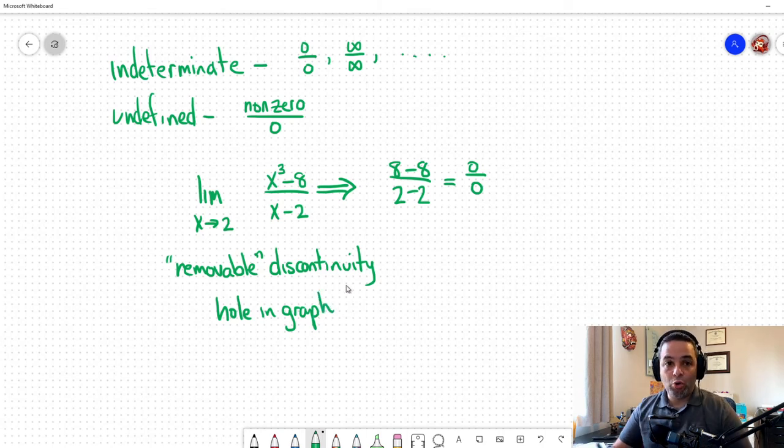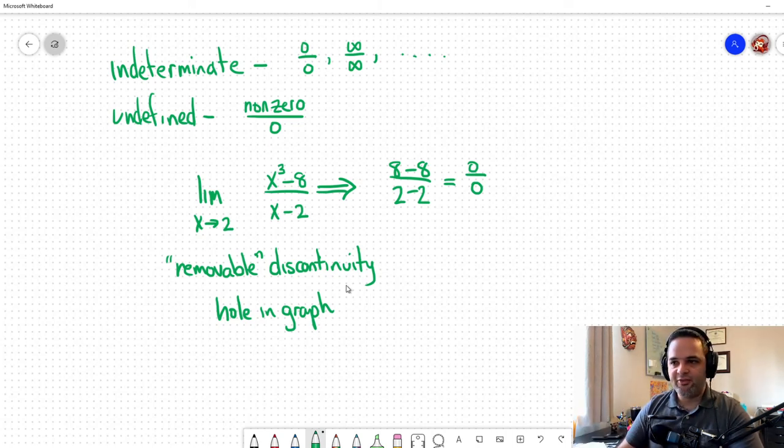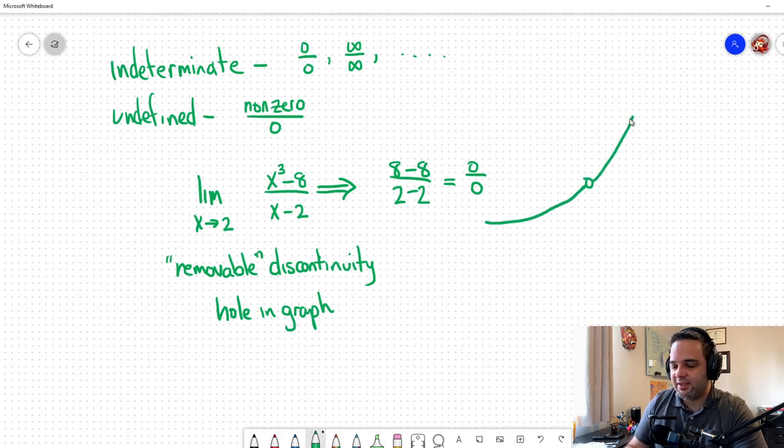So when we have a hole in the graph, a removable discontinuity, we could see that the limit does exist for this. It's like if I could go into the graph and fill in the hole, and you have it in your notes. If I were to fill that in, then it would work. I could get the answer.